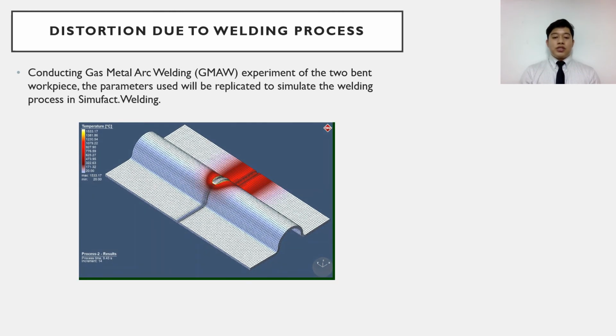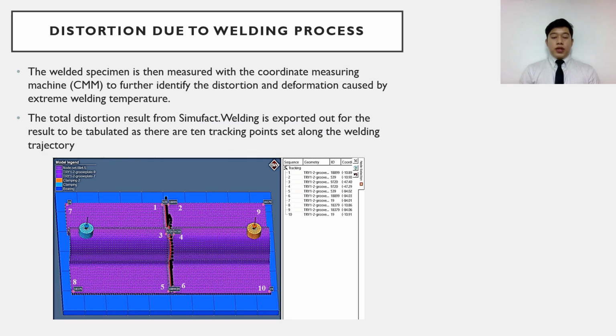These are the temperature distributions, which show the welding process. The welded specimen is then measured with the coordinate measuring machine, CMM, to further identify the distortion and deformation caused by the extreme welding temperature. The distortion result from Simufact welding is exported for the results to be tabulated, and there are 10 tracking points involved during the welding simulation, as we can see in the image below.